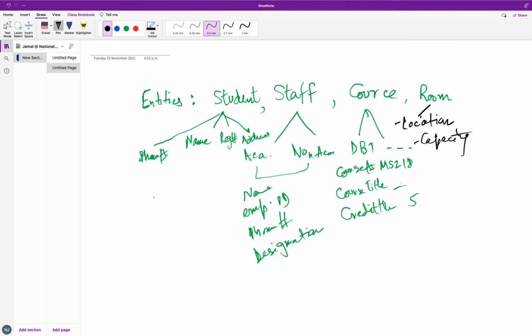But if you want to quickly identify entities, then obviously don't waste your time. Just write down, for example, staff, right? And just start writing attributes here. So it's totally up to you. Okay.